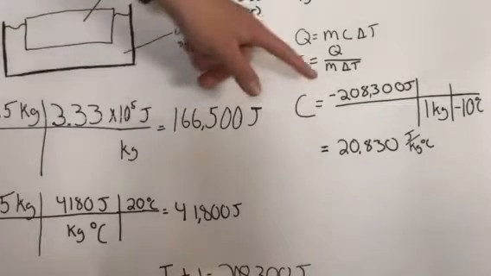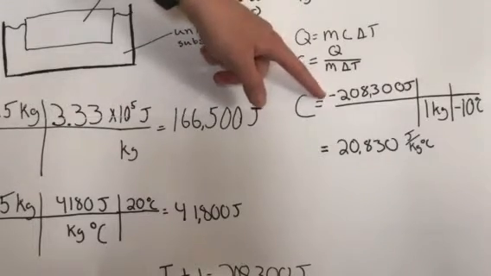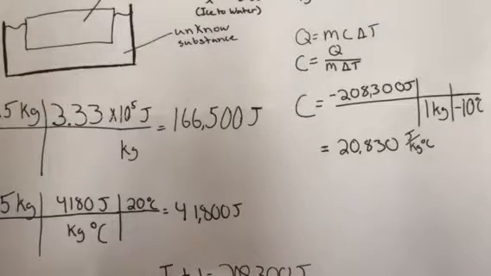Now, if you notice here, the total heat is negative and the temperature change is negative. The reason for this is that the unknown liquid is actually losing energy because the ice is taking it and warming up. So the energy has to be negative.